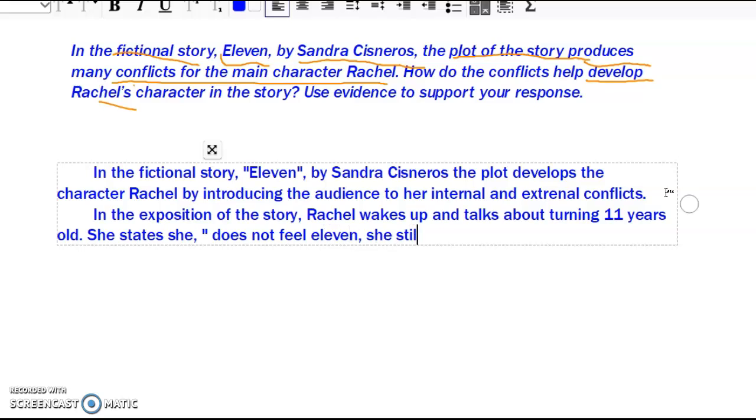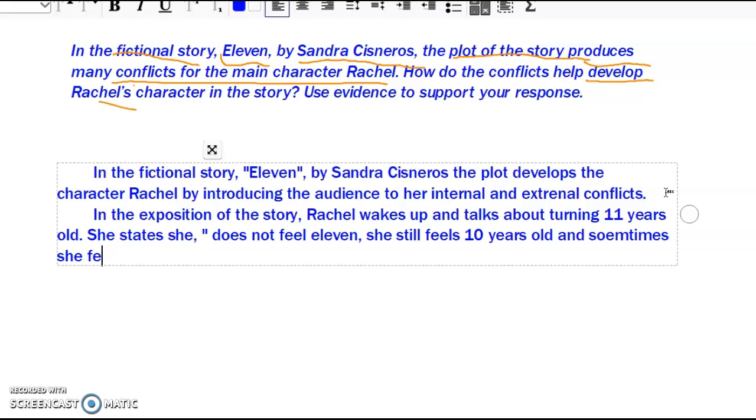She still feels 10 years old. And sometimes she feels 3 years old. There's our direct evidence.